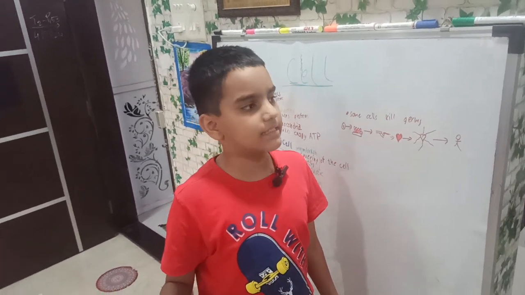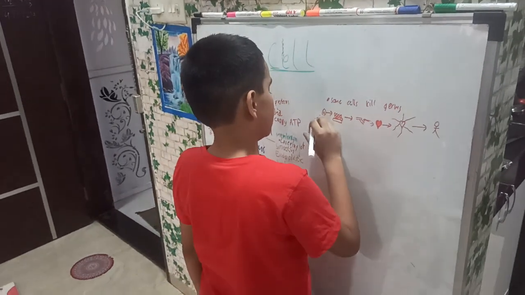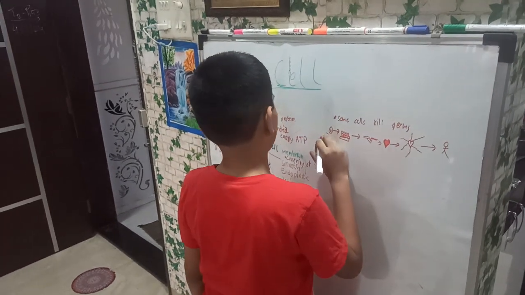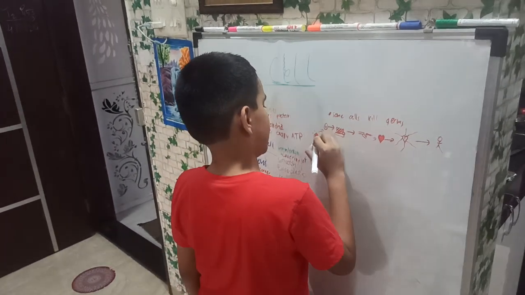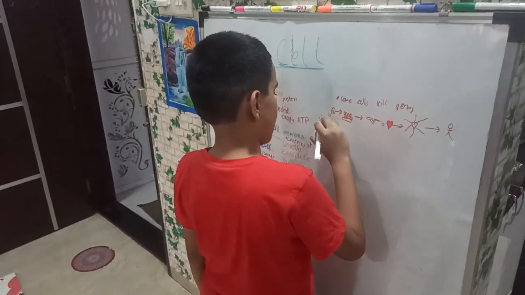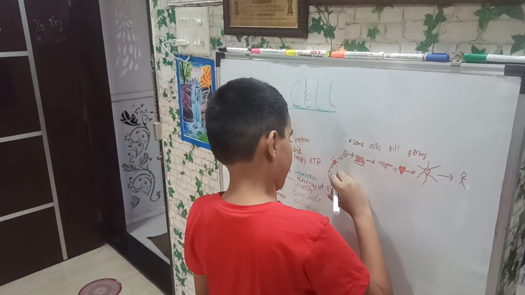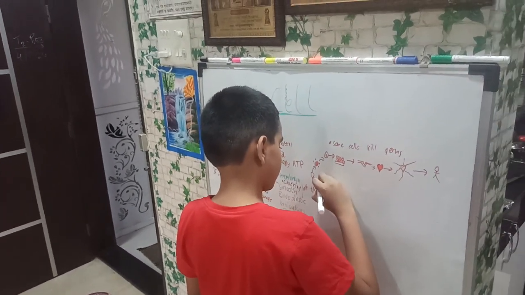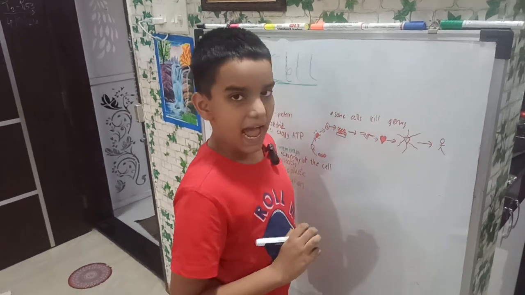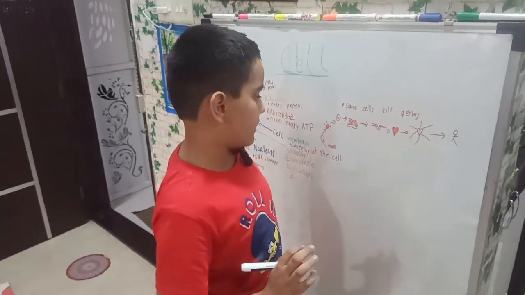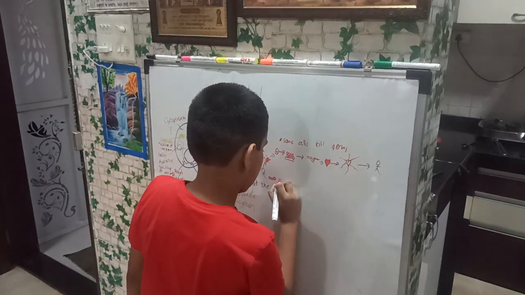But in higher standards, cells are made by some organelles, like I explained here, mitochondria and ribosomes. And then these are made by proteins. Proteins are made by DNA. And then the smallest unit is an atom.